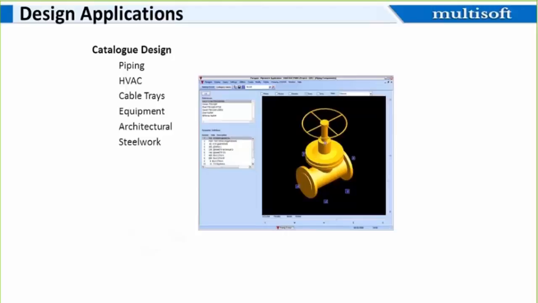As already discussed, PDMS or any other 3D modeling software is catalog driven. That is, all the items that you place in 3D will be referring to some catalog. So in PDMS, there is a separate module for catalog and spec design, which is Paragon.